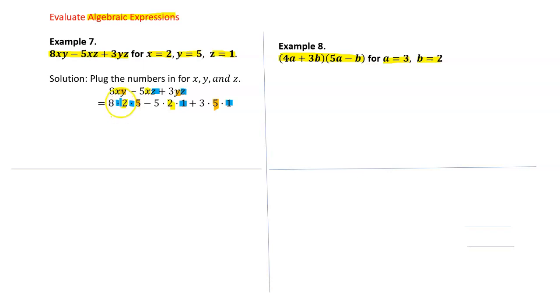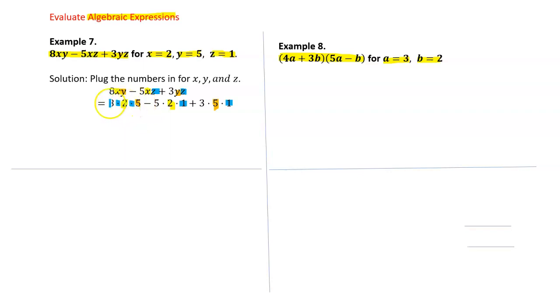So if you know those properties, you can go ahead and use them. For example, you can multiply 2 and 5, which gives you 10, and then multiply 10 with 8, which gives us 80, which is easier than following the left to right order. 8 times 2 is 16. 16 times 5 is 80. Both are correct, but using the properties can simplify the process.